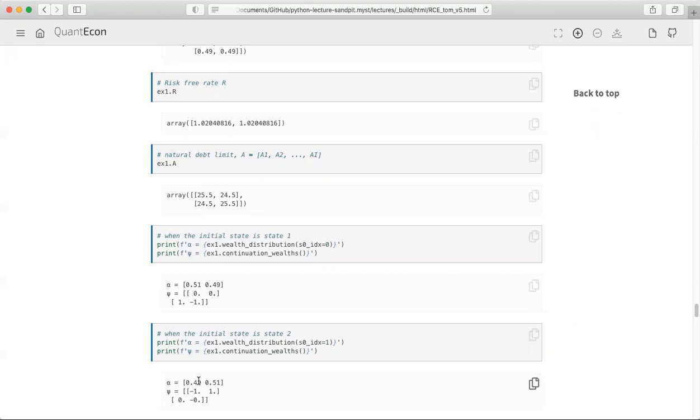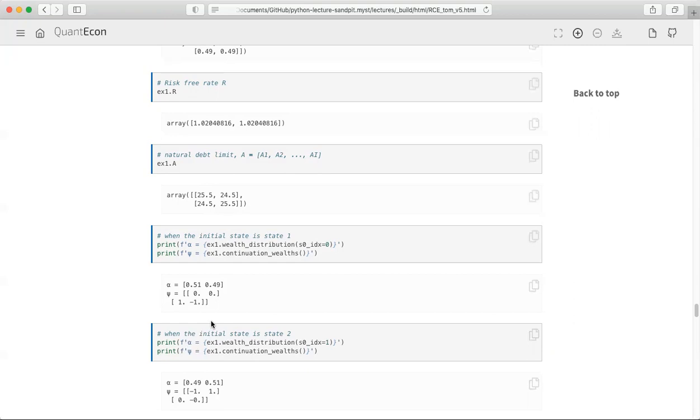And the first person has less. In the second state, we start, now we both start with continuation wealth 0. That flipped. But now the portfolios or the continuation wealths, they've also flipped. So I want you to think hard about what's going on there.